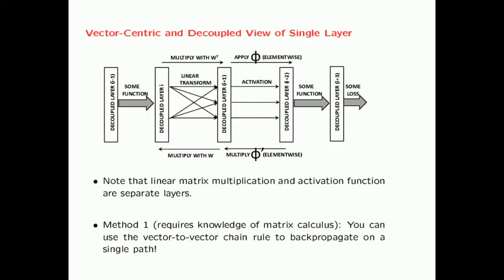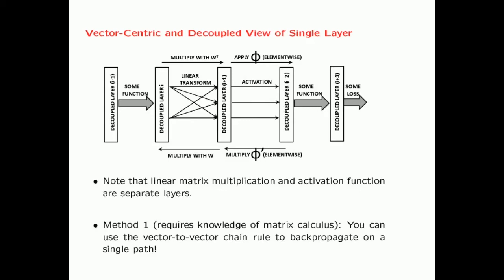Similarly, from layer i plus 1, you apply the activation function element-wise to each element of the vector to create the decoupled layer i plus 2. For example, you might be applying the sigmoid function to each variable in layer i plus 1 to create layer i plus 2. Note that in many cases, when you are working with the activation function, the successive layers, the corresponding vectors in the nodes, will have the same length. That is because the activation functions are typically one-to-one operations.